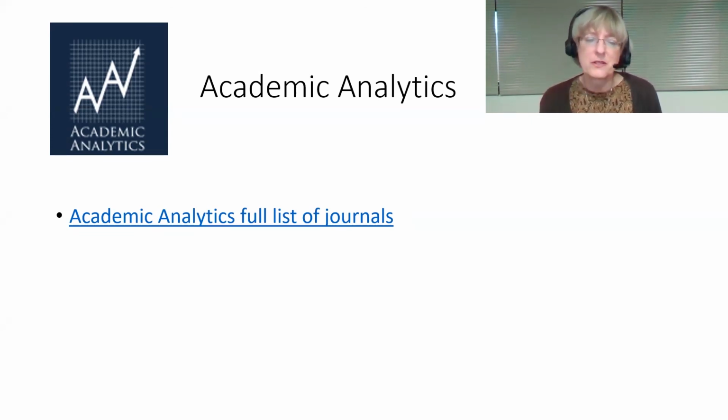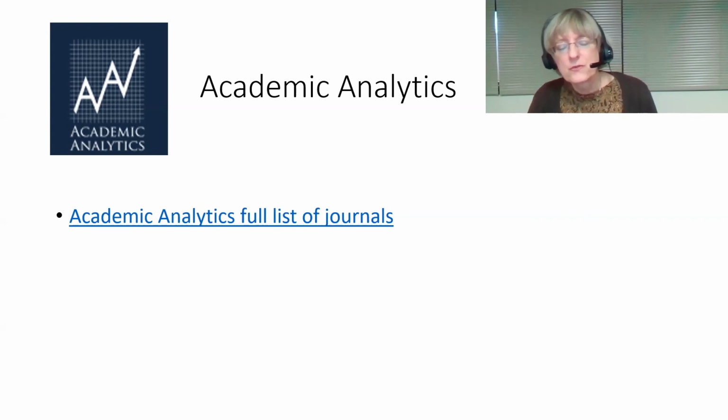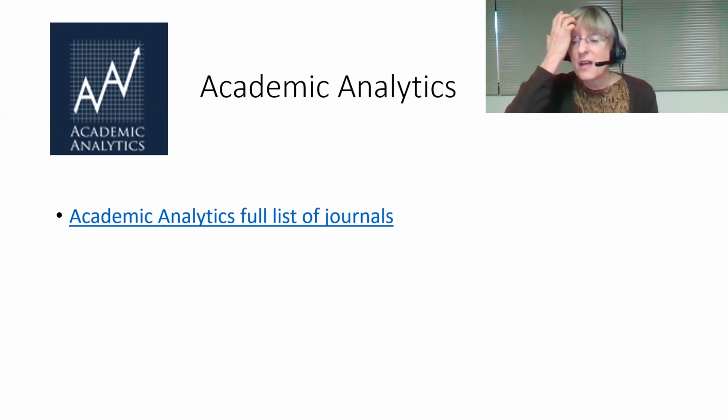But you can click on this link and download a PDF of all the journals that they track. And so it's always useful if the journal that you want to publish in is on this list. But if it's not, Academic Analytics is known to add journals to their list. You just have to submit the request, and then they take a look at the journal, and they will let you know whether they'll add it to their list of journals that they monitor.